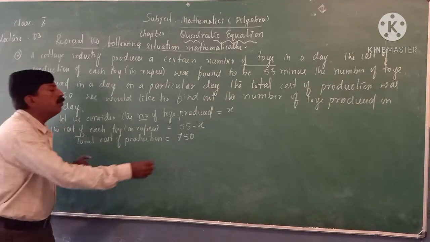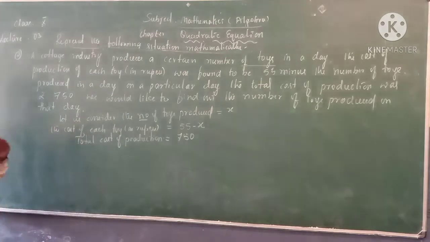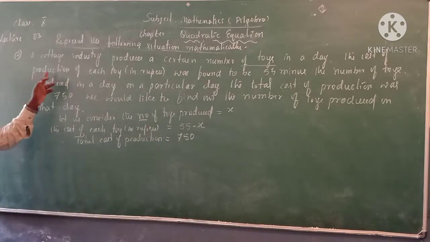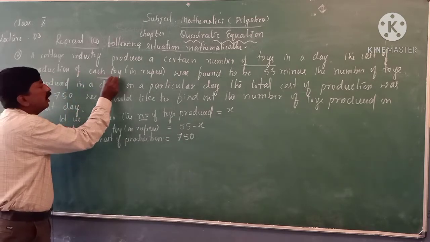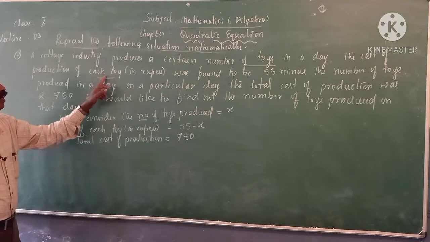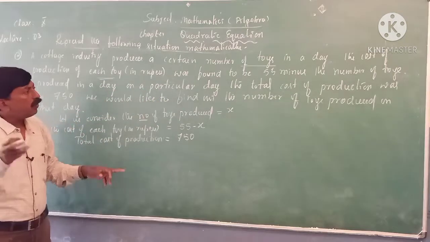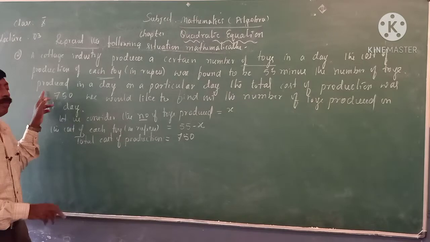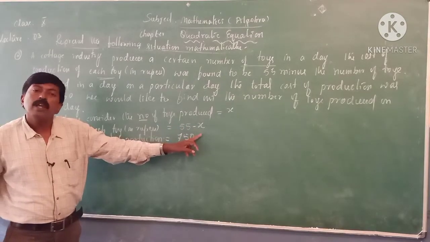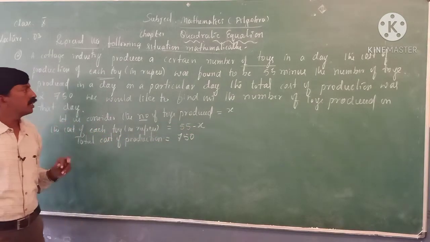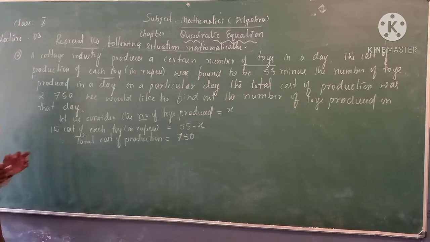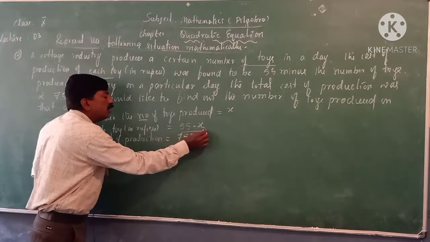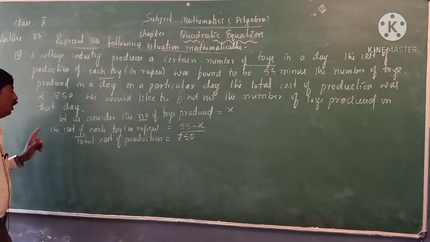Once again, look here at what we have taken. We have considered the number of toys produced as X, an unknown. As per the statement, the cost of production of a single toy was found to be 55 minus the number of toys, that is 55 minus X. And the total cost of production is the cost of one toy into the number of toys.